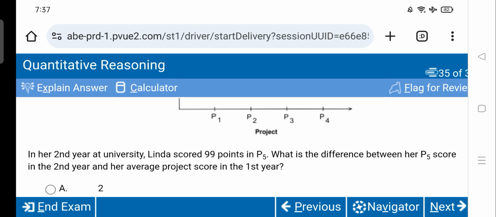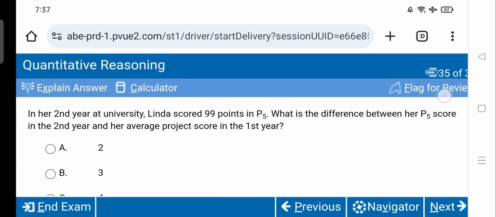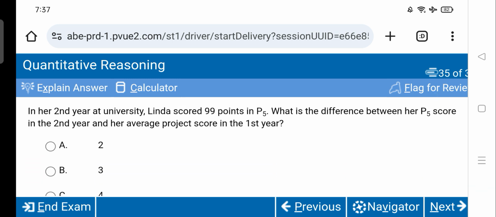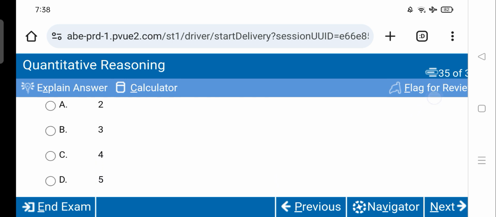What is the difference between her P5 score in the second year and her average project score in the first year? Option A 2, option B 3, option C 4, option D 5, option E 6.